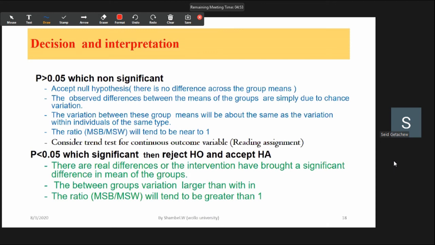The ratio of mean square between to mean square within tends to be greater than 1. So if H0 is rejected, we have enough evidence to accept the alternative, and we go on to a post-hoc test. ANOVA goes only this far.